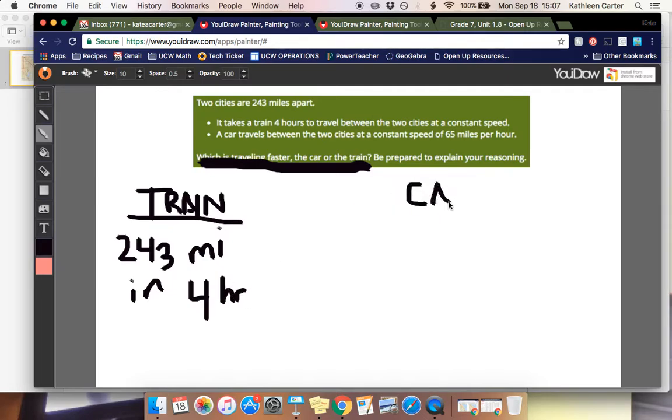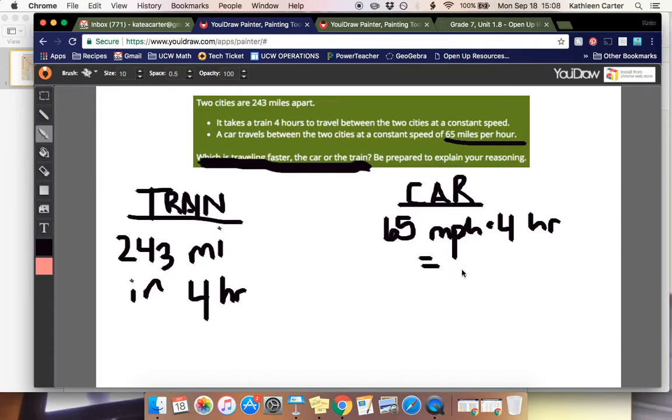So for the car, it would be really handy if we could figure out how far the car could travel in that time. We know that the car can travel 65 miles per hour. So if I go from 1 hour at 65 miles up to 4 hours, 65 mph times 4 hours, because I'm going to do 65 miles again and again, we end up with 260. I heard people saying 60.